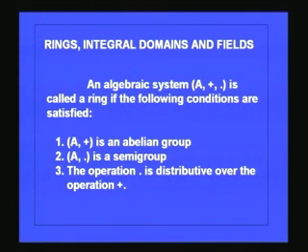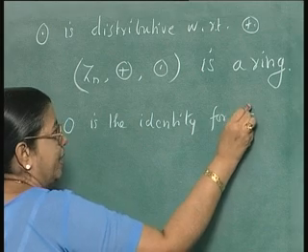Now, in this example 0 is the identity for the plus operation.